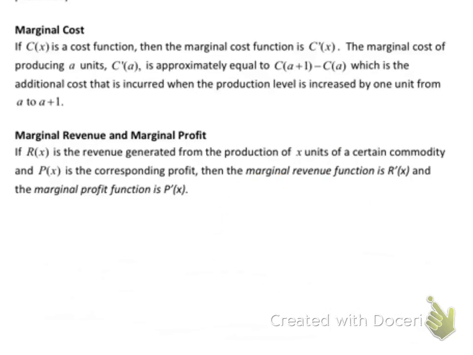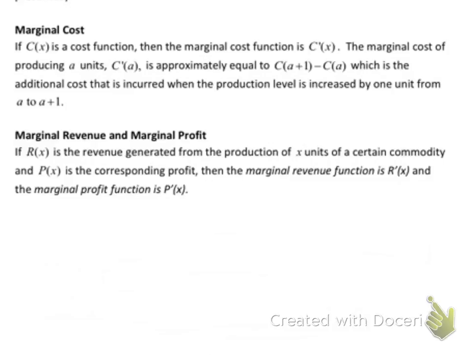Okay, this section of the textbook talks about marginal cost, and we have already addressed this, but for completeness, I wanted to put it in the notes as well. So marginal cost is just C prime. It's the slope of the cost function. It's the change in cost at the margin. So if I give you C of x equals, and I ask you for the marginal cost, you need to recognize that that means C prime of x.